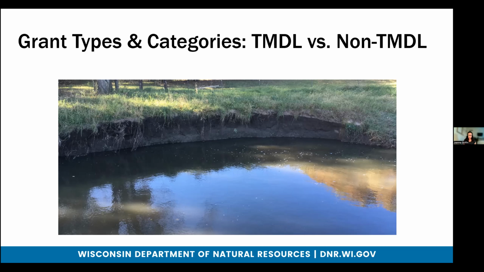So in such instances, stream bank stabilization would be an eligible TMDL TRM project, as long as the land use causing the erosion is agricultural, and as long as the stream bank stabilization implements the pollutant-specific goals of the TMDL.